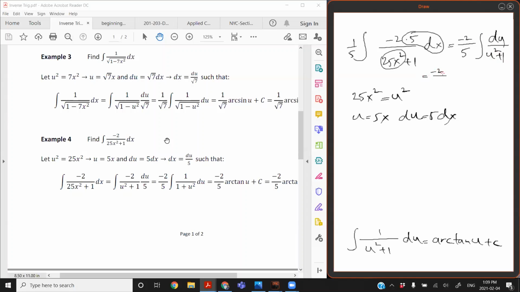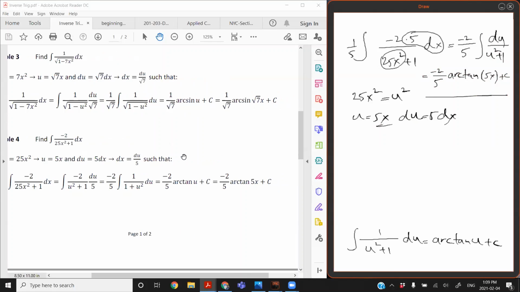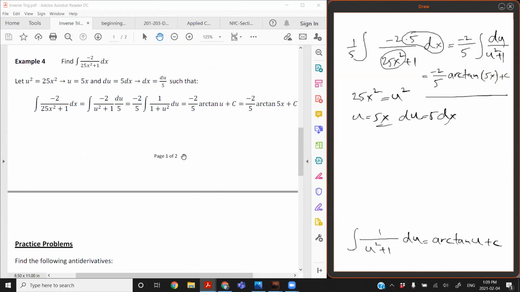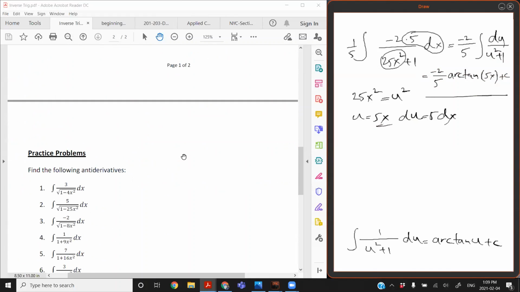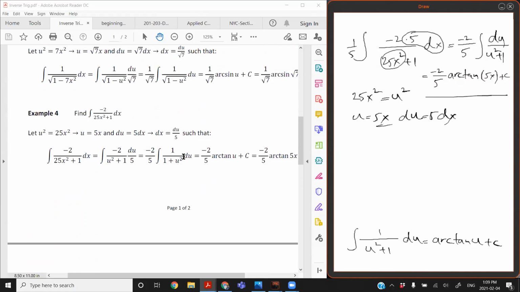So it's going to be negative 2 over 5 arctangent of u plus c, but u is 5x. So that's the answer. Is that clear? Any questions?